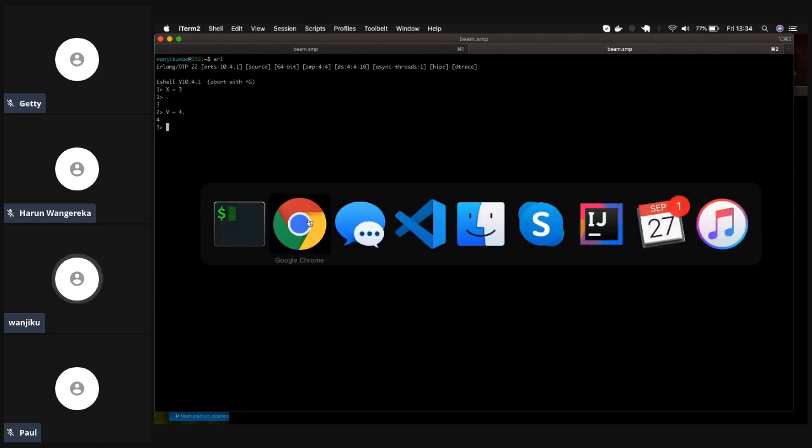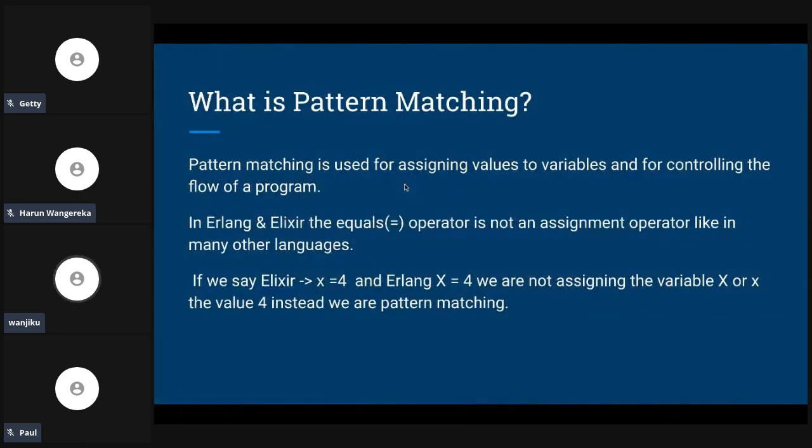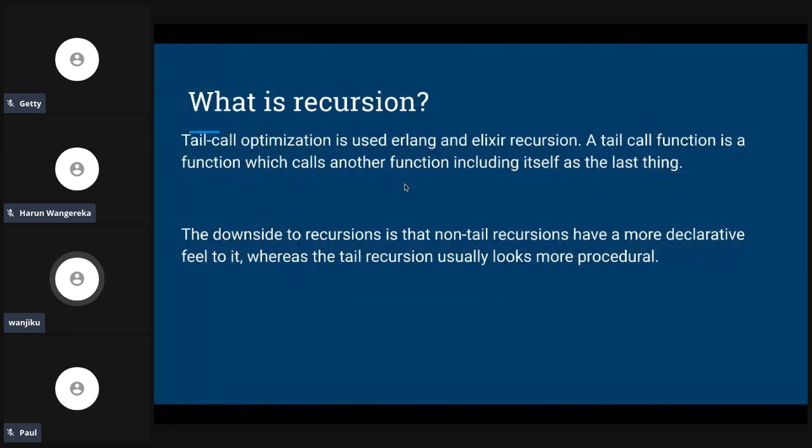Okay, so the other thing I'll be taking you through is recursion. Recursion is the tail call optimization that is used in Erlang and Elixir. So a tail function calls itself, or it can call another module in itself.